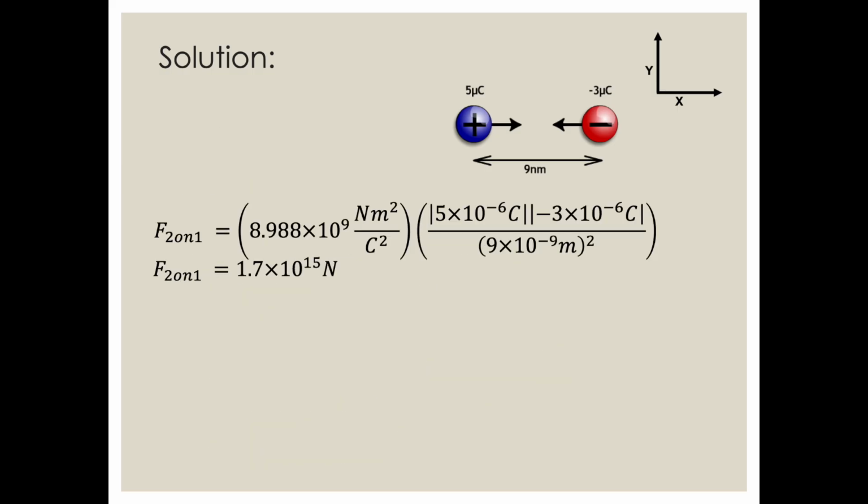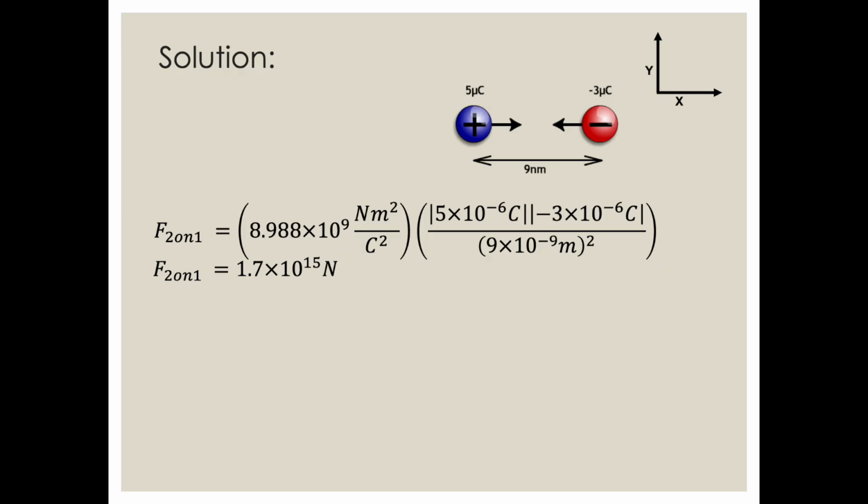Since we're solving for the magnitude of the force that the negative 3 microcoulomb charge exerts on the 5 microcoulomb charge, we're solving for the force that Q2 exerts on Q1, and we call that force F2 on 1 as shown. When we plug all of the numbers in, we're able to solve for F2 on 1, which equals 1.7 times 10 to the 15th newtons.